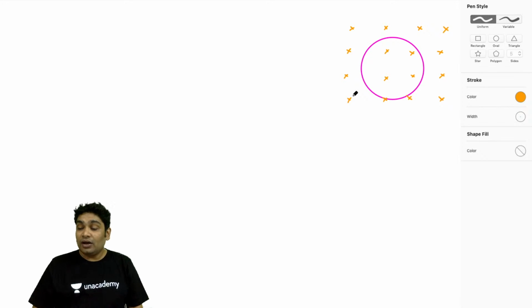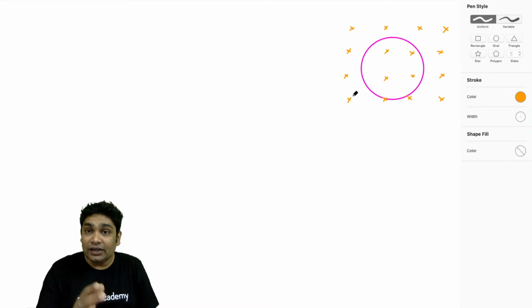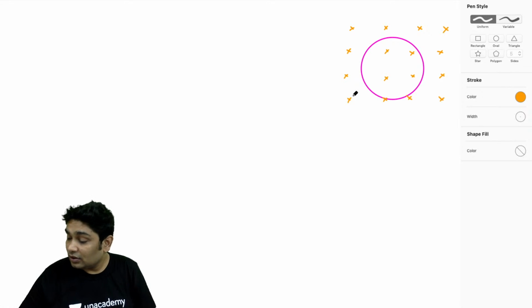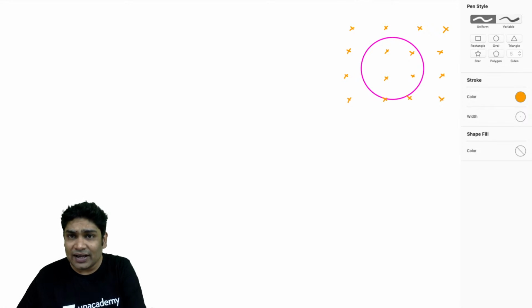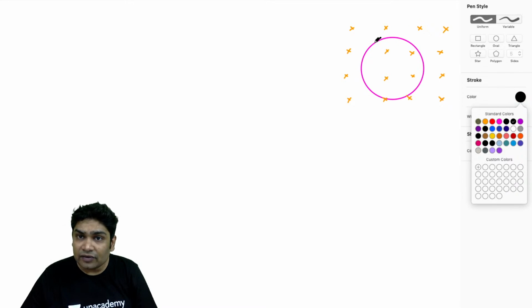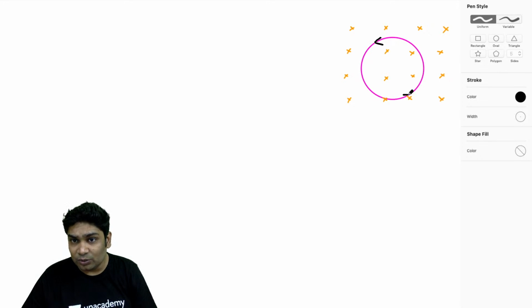So to negate that, the current in the loop would be such that it would create an outward coming flux. So the current in the loop would take up a direction which would be like this. This is the kind of current that you should have seen in the loop.